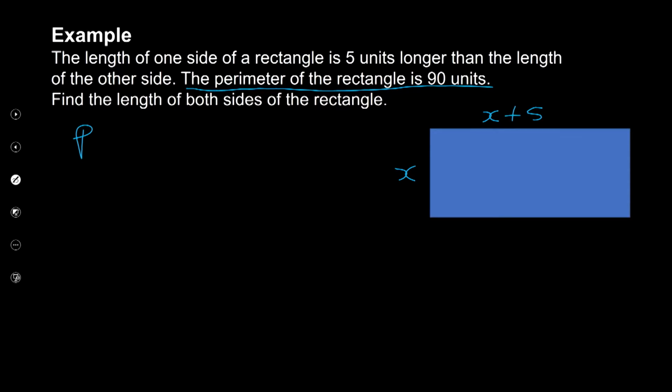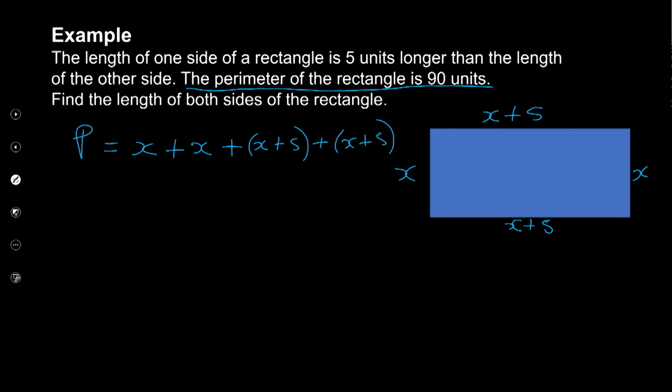So I will say P is equal to x plus x plus x plus 5 plus x plus 5, right? So there are 4 sides here. It's the x plus 5 twice, and it's the x twice.